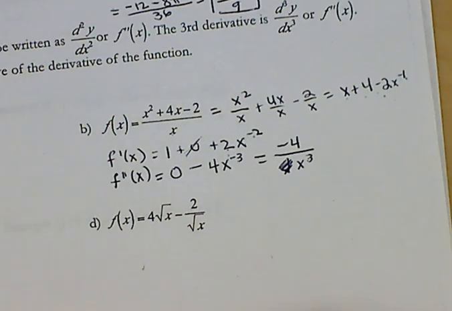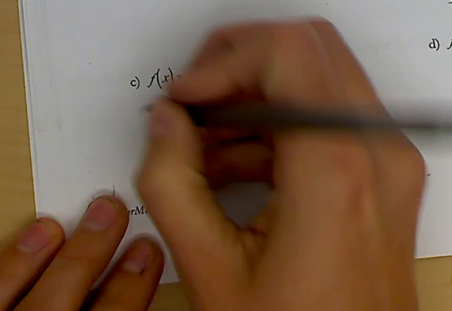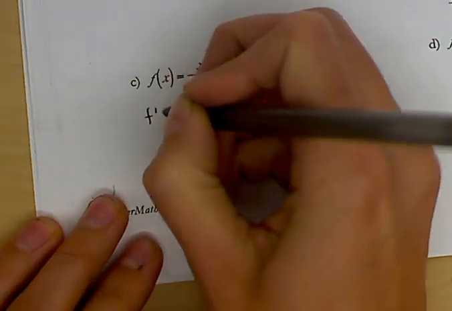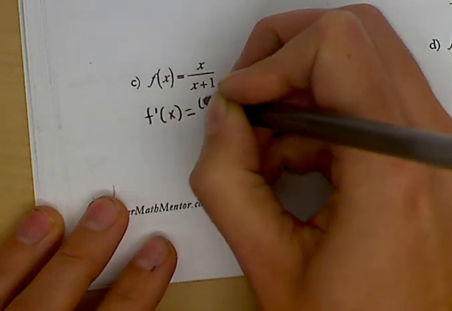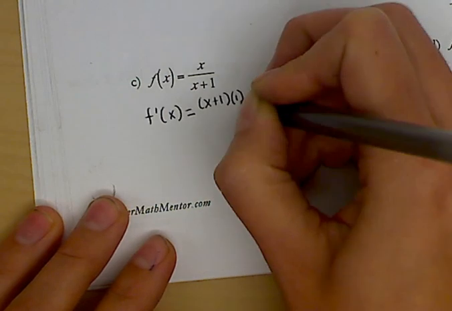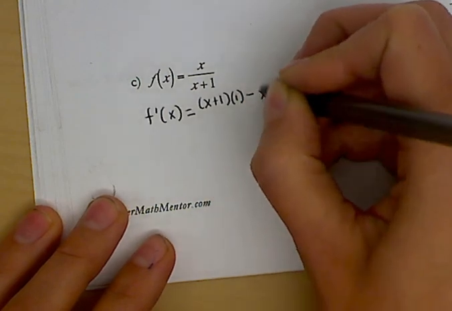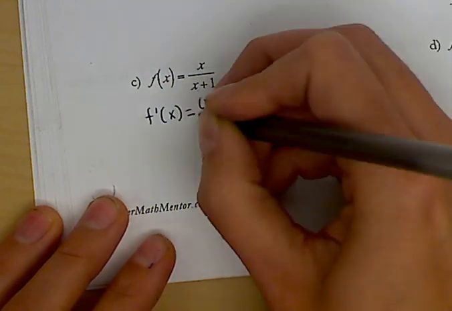Maybe I will also do this one, which involves the quotient rule, just for another example. So f prime of x equals low d high, so low, the derivative of the upper, which is 1, minus high d low, the derivative of low is just 1, over the square of what's below.